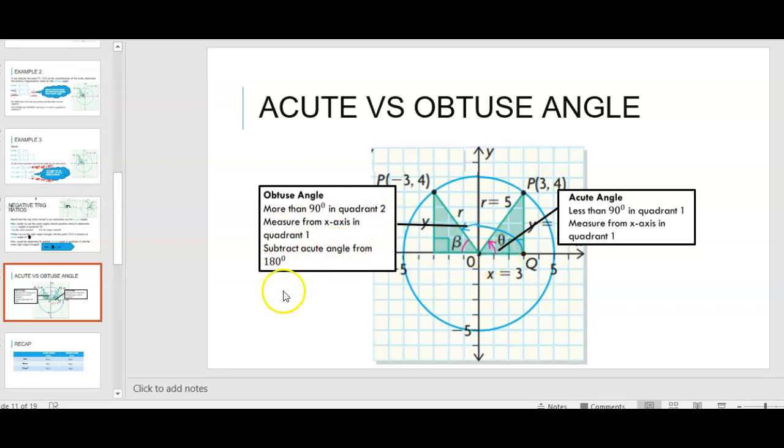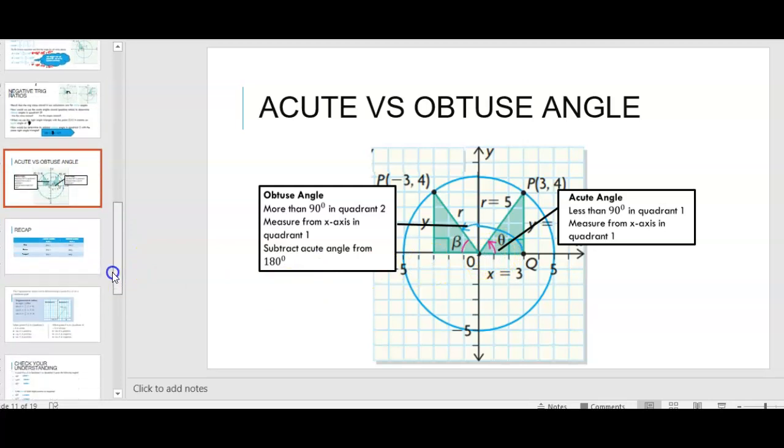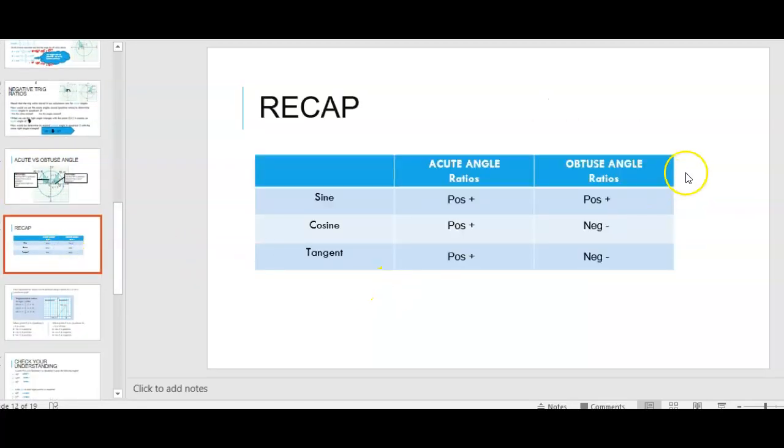Here we have another table that summarizes the ratios on the first quadrant and on the second quadrant. In the first quadrant, as we said, we have acute angles only, less than 90 degrees. All primary trigonometric ratios are positive because x, y, and r are all positive.